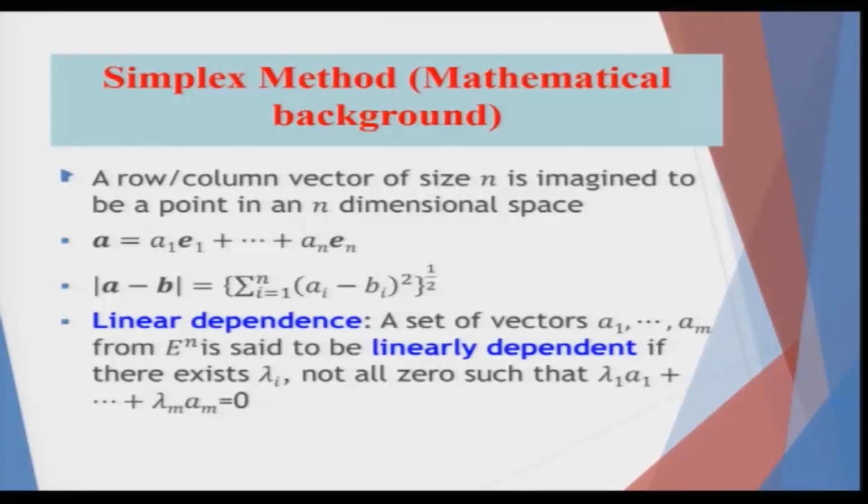Now, whenever I consider any row or column vector, I will take it as a combination of units of movement in the orthogonal directions E1, E2 till En, and I will consider that E1, E2, E3 till En are all mutually orthogonal, that means 90 degrees.